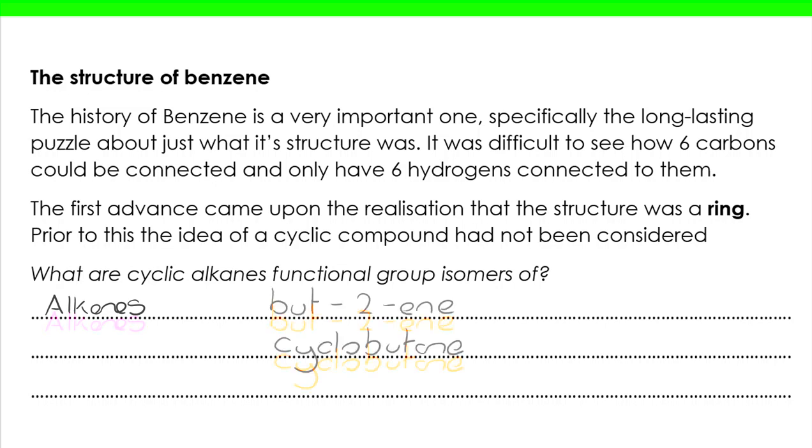If I take but-2-ene and cyclobutane, they both have the molecular formula C4H8. Now, that definitely fits with the general formula of an alkene, we know that. But it also then means that if we follow through the definition of functional group isomer, same molecular formula, but different functional groups, then we can see that they're functional group isomers of one another.